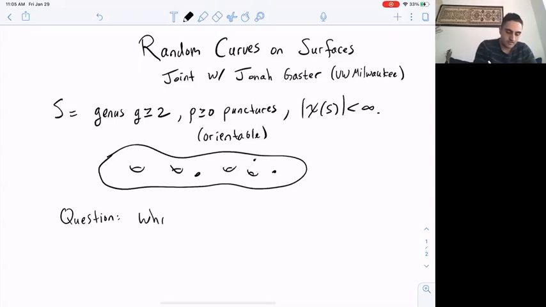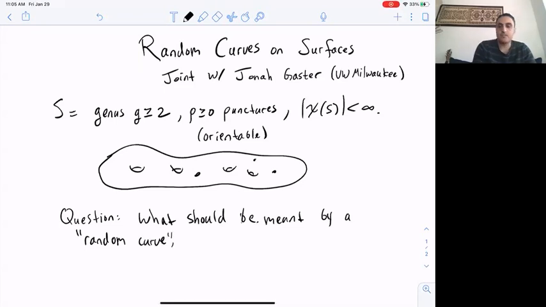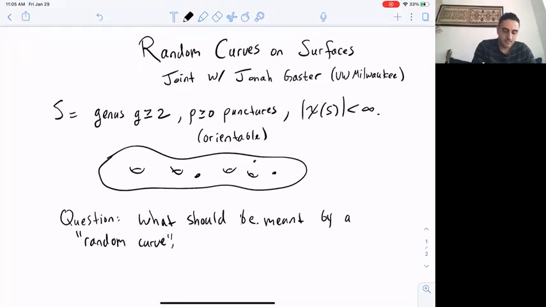So what should be meant by a random curve? And once you answer that question, then what are the properties of that object? And what should it look like?